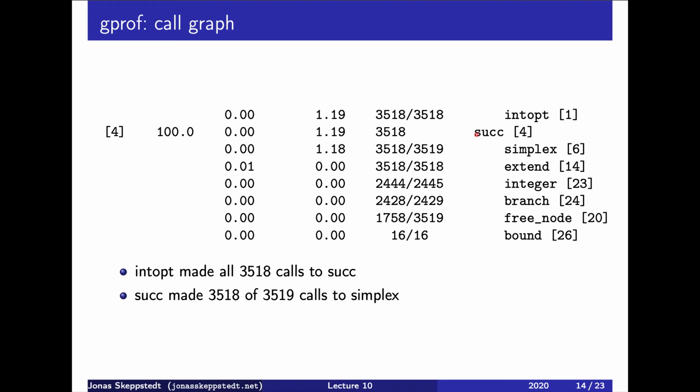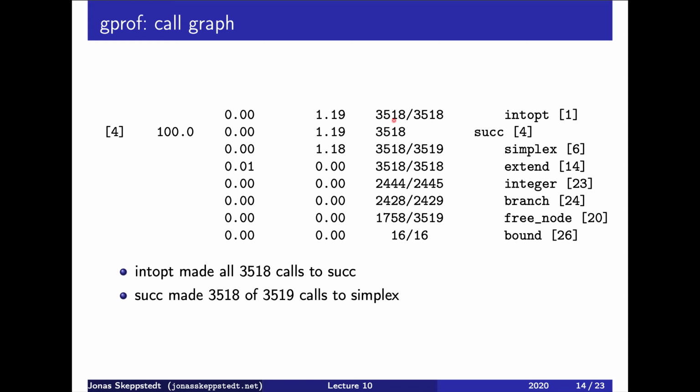So if we look at this function to suck, we can see that it's called by intopt. Intopt makes all of the 3,518 calls.